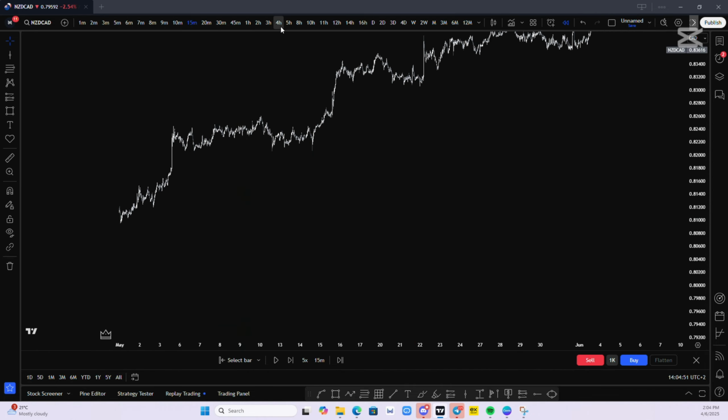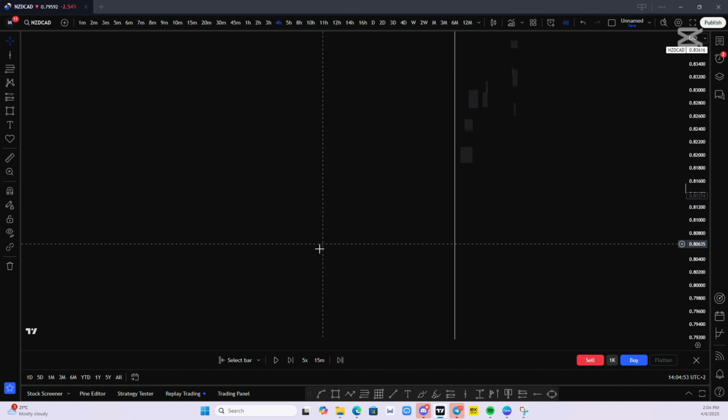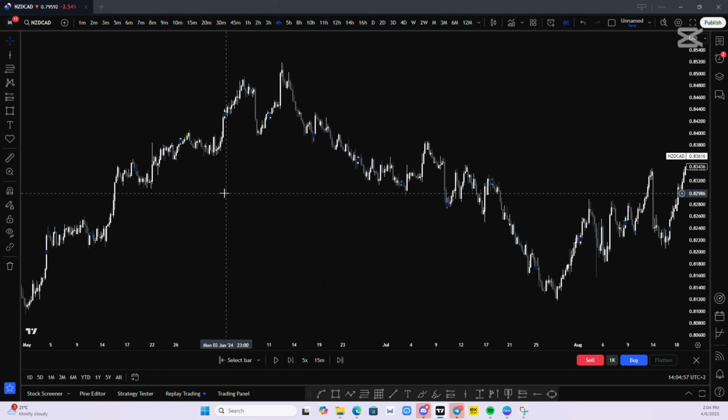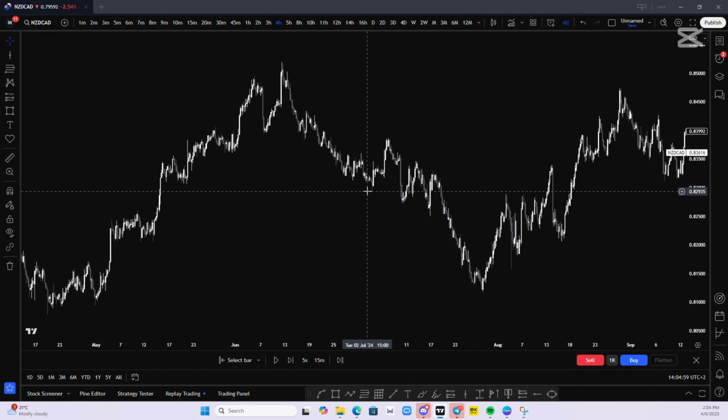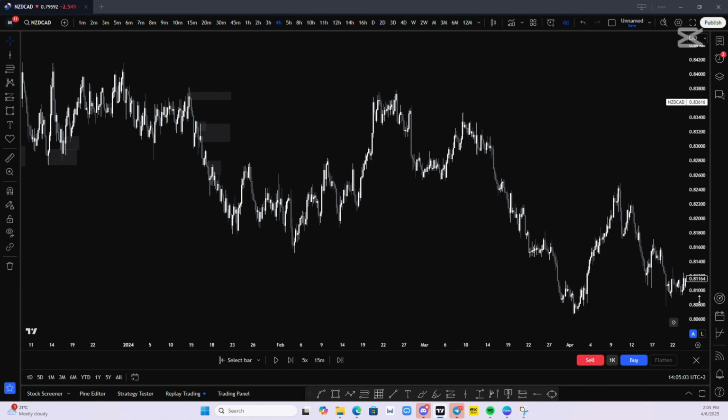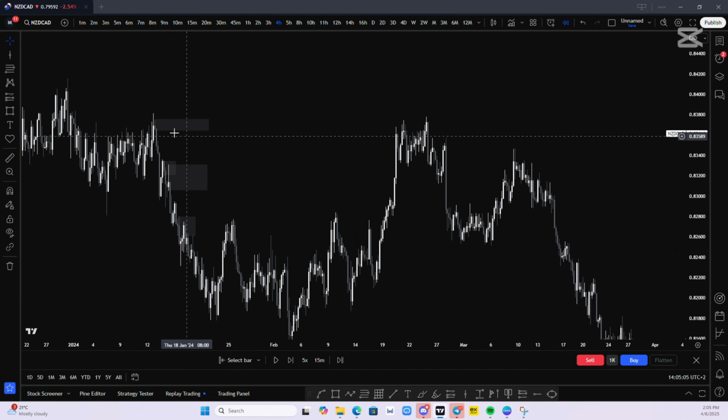Unfortunately the data ends there, but as you can see here, these are valid supply areas, but sometimes price is not going to tap into your supply area, and sometimes price is just going to push to the downside.